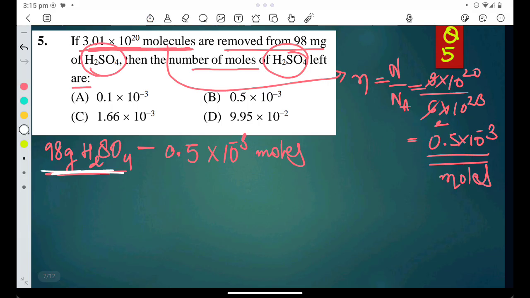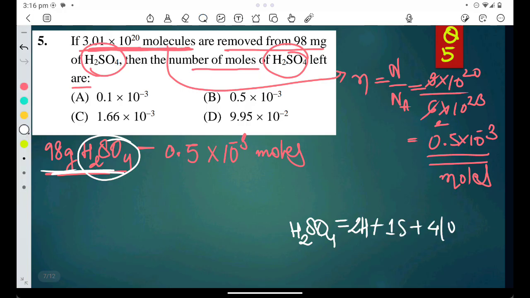So if I calculate this in moles, so 98 gram, what is the molar mass of H2SO4? H2SO4 stands for 2 hydrogen plus 1 sulfur plus 4 oxygen. What is the molecular mass? Atomic mass of sulfur is 32, plus 4 times of oxygen is 16. 16 times 4 is 64.